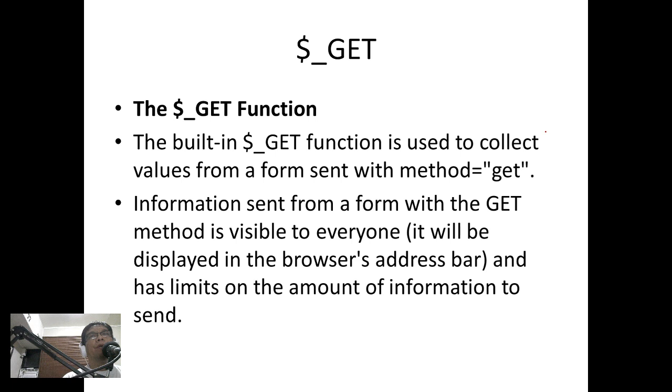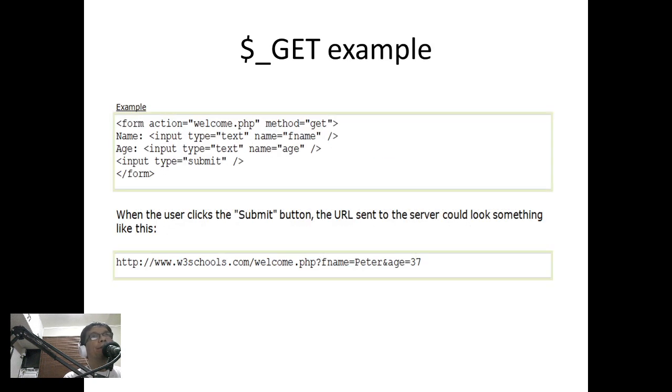Information sent from a form with the get method is visible to everyone. Why? Because it will be displayed in the browser's address bar. The data coming from the form will be displayed in the address bar, and there are limits on the amount of information to send.